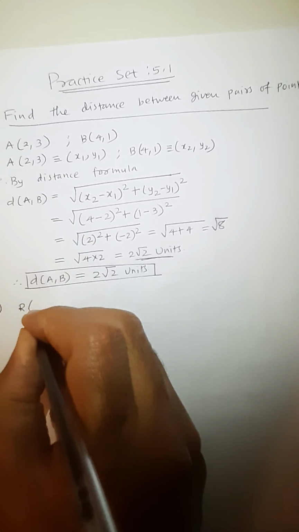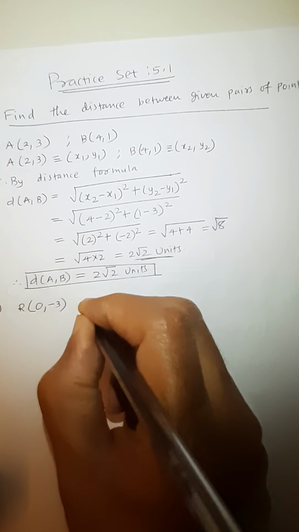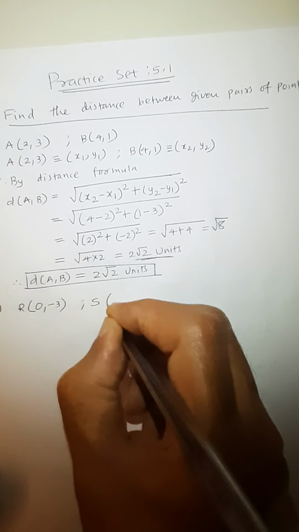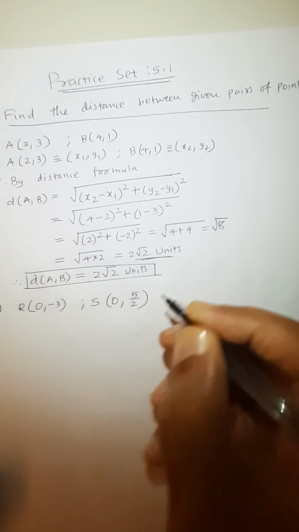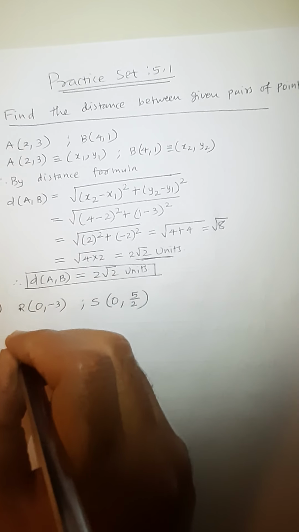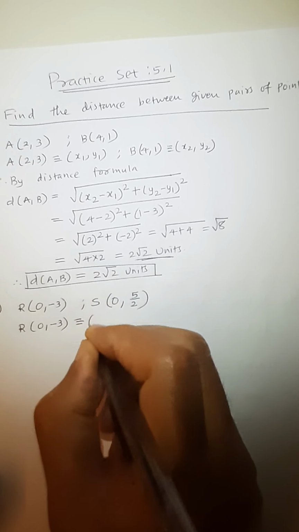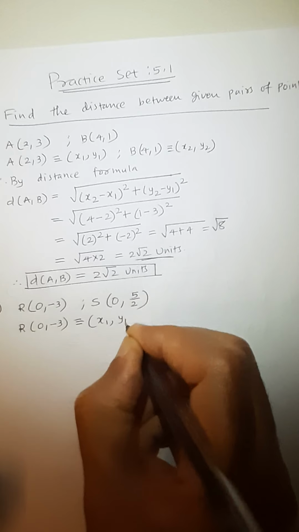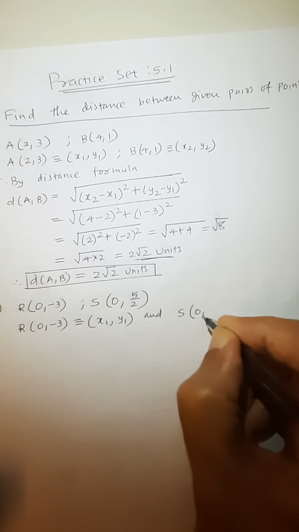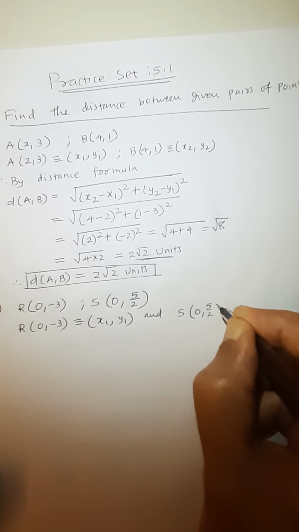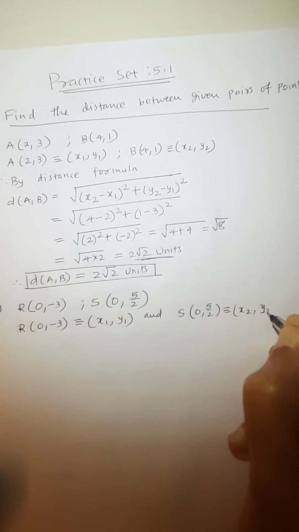We have the point R having ordered pair 0, -3, and we have another point S having ordered pair 0 and 5 upon 2. So as usual we write R has ordered pair 0, -3, which is x1 comma y1, and S having ordered pair 0 comma 5 by 2, which is nothing but x2 comma y2.